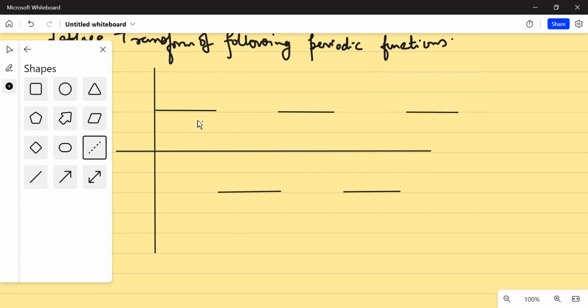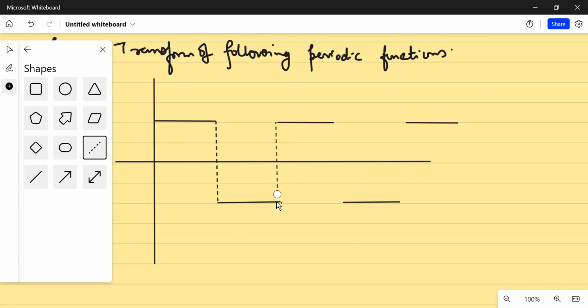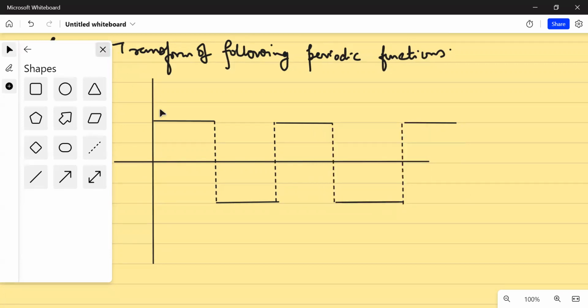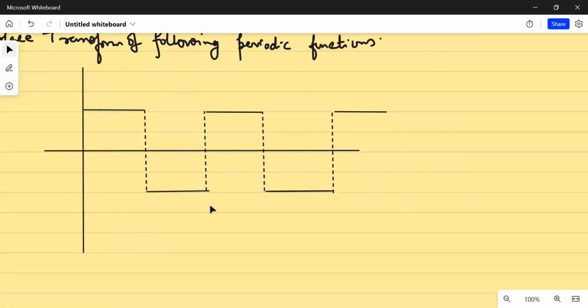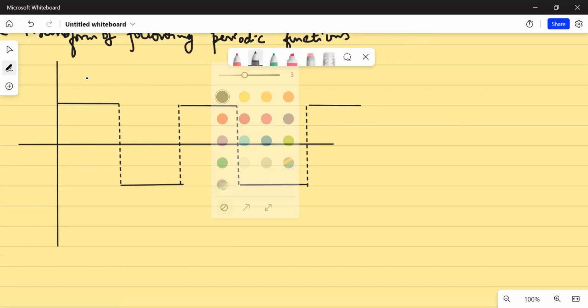Okay, so this is clearly a periodic square wave, and let us take the amplitude as k.